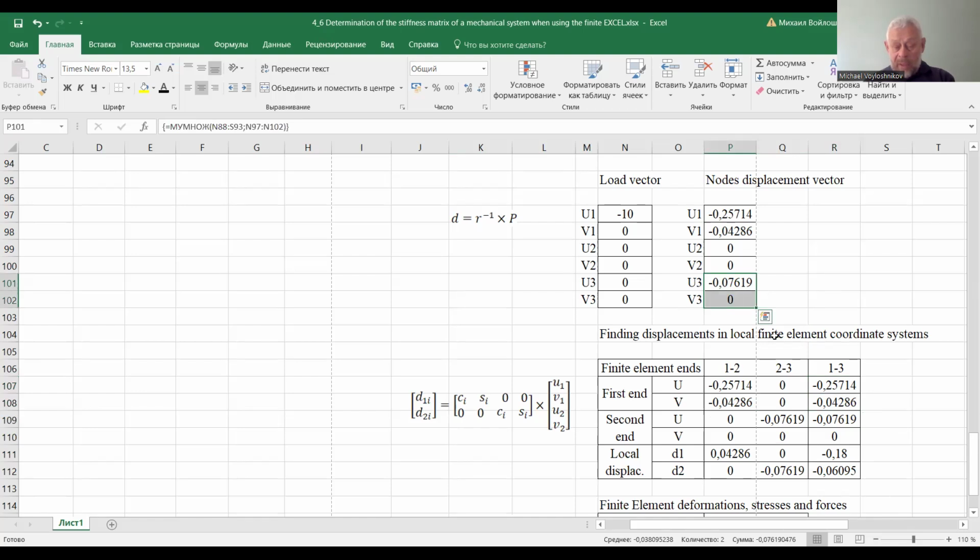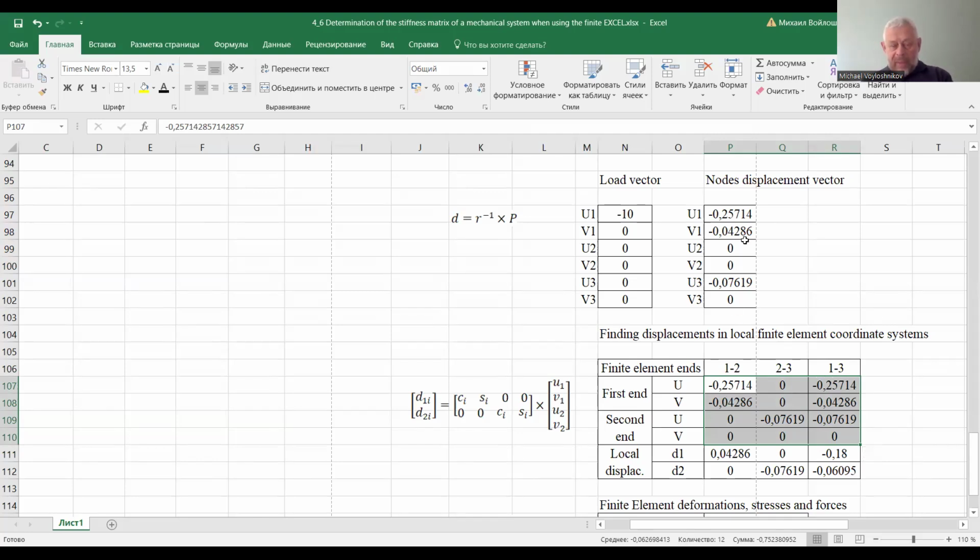So from here, we substitute to the cells, and we consequently get the matrix of the displacements of nodes of the assigned truss in the global coordinate system.